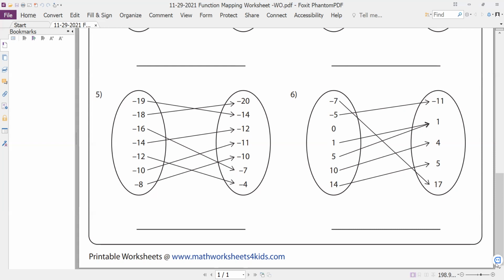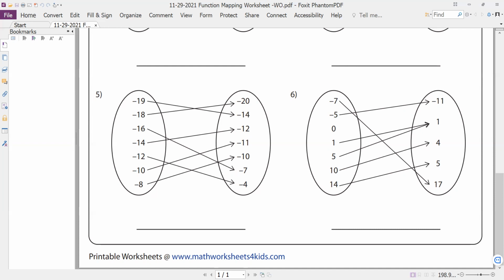Because everybody connects to where it's supposed to be mapped to. Yes, you're right. It is a function because every number over here only maps to one number over to here. Only maps one time. So 19 to 14, 18 to 20.